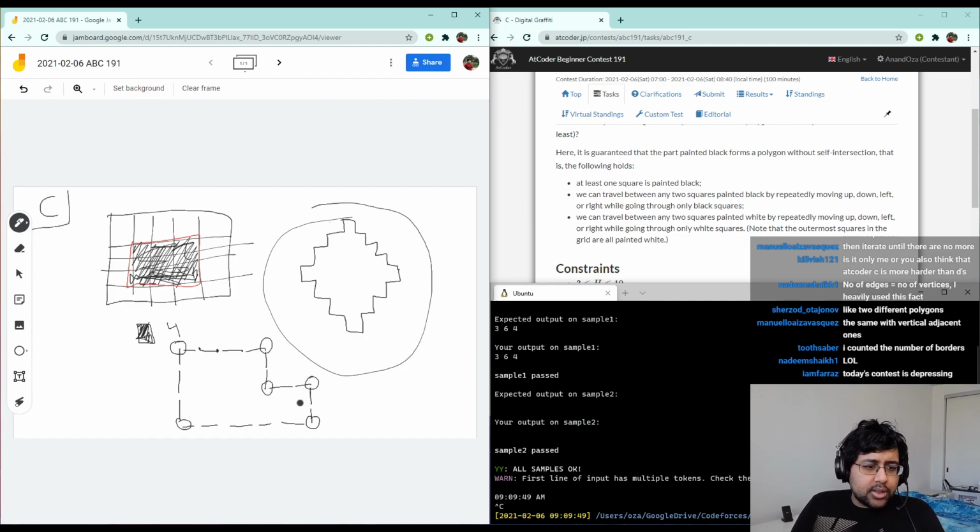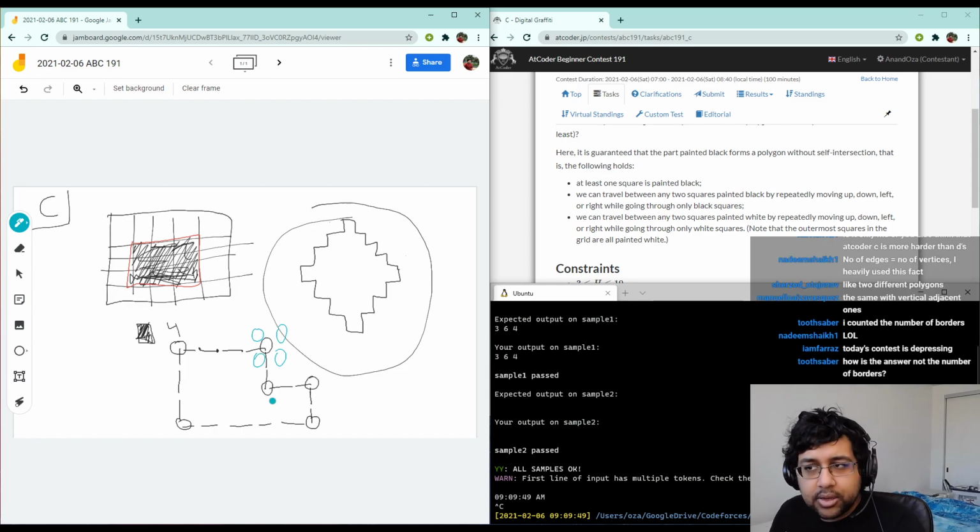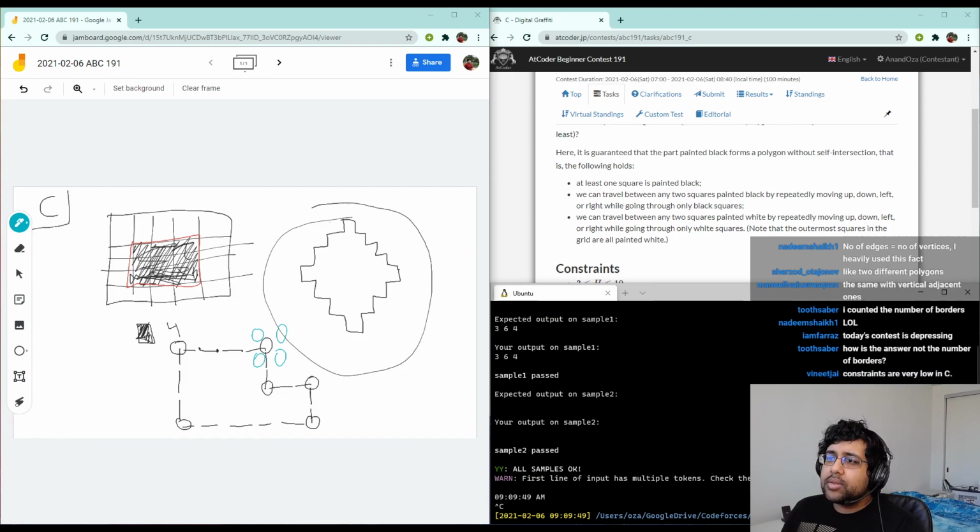So the corners are going to be a set of 4 cells where 3 of them are one color and 1 of them is another color. Wait, I counted number of borders.